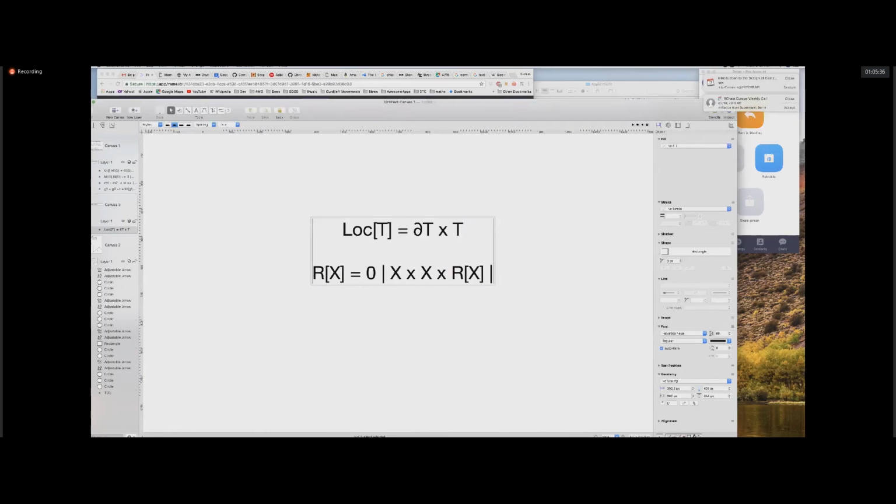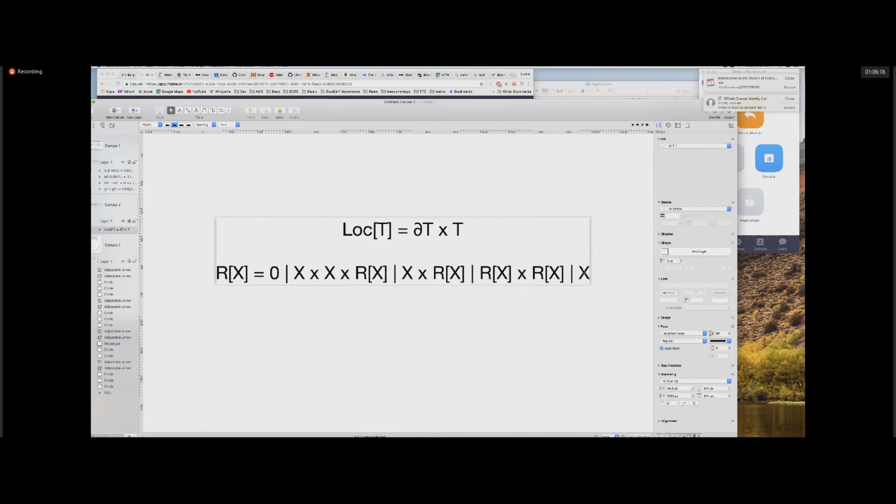And then we have X cross R of X, right? And then we have R of X cross R of X, that's par. And then finally, we have an X, and that's eval, just an X. So that's the 0 that gets us off the ground. That's our for comprehension. That's our output. That's our par, and that's our eval.